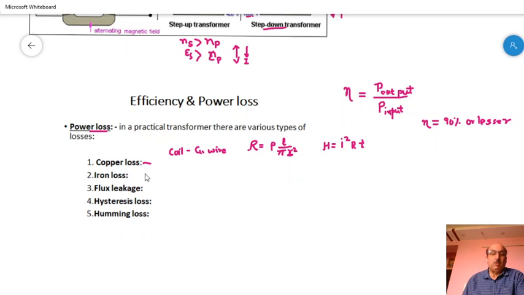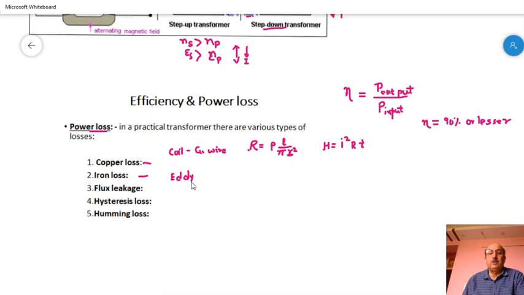The second type of loss is the iron loss. In transformer, we use soft iron between the two coils, so the flux linkage will be there. And this iron plates produce the eddy currents.